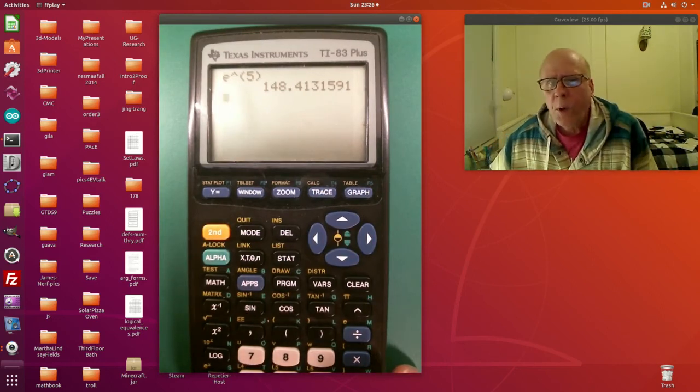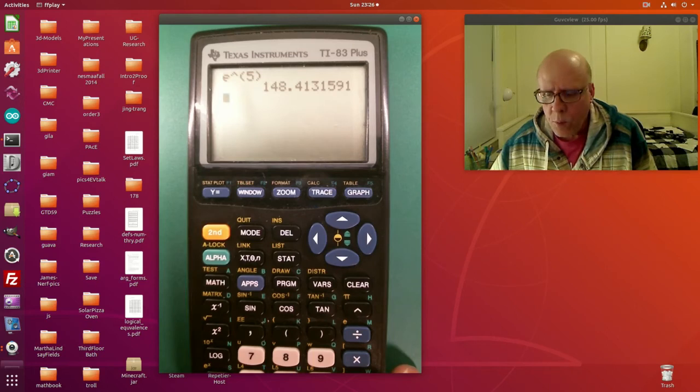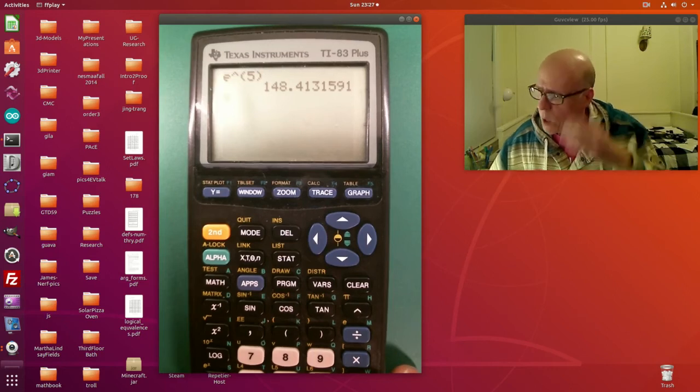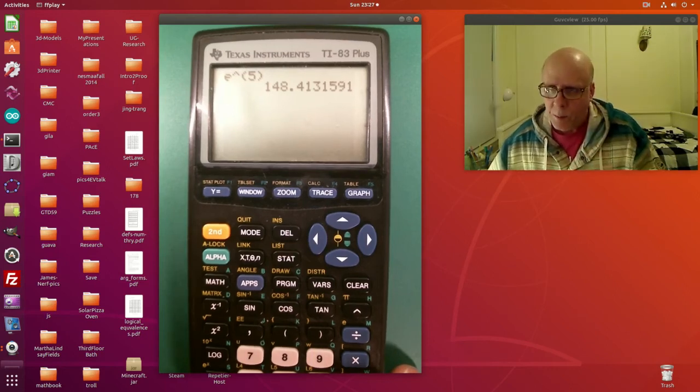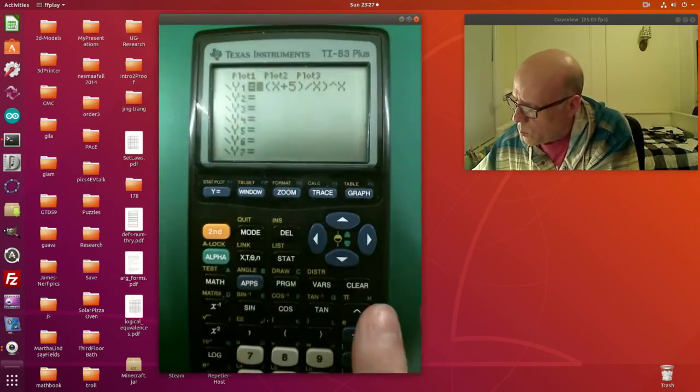All right, so I'm going to give you three functions, one of which is a lower bound on the middle guy, another is an upper bound on the middle guy, and the middle guy is in between the upper and the lower bound. So we're going to put those into our y equals.